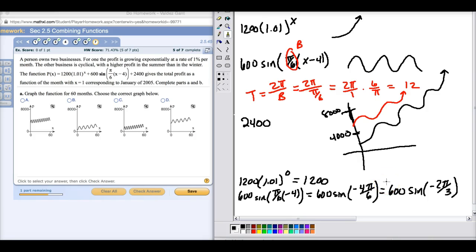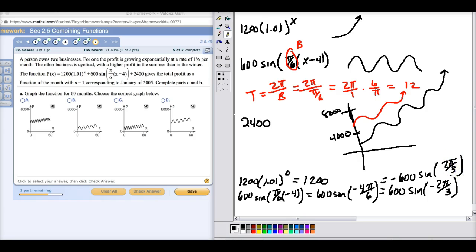Okay. Now, we know that sine is what's called an odd function. We talked about that in class. So this would be a minus 600 sine of 2 pi over 3.